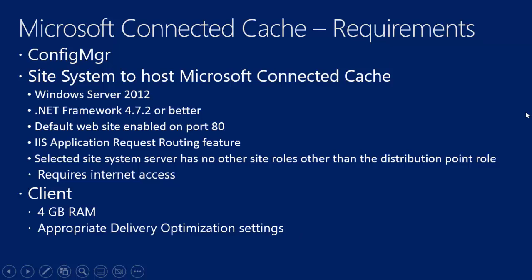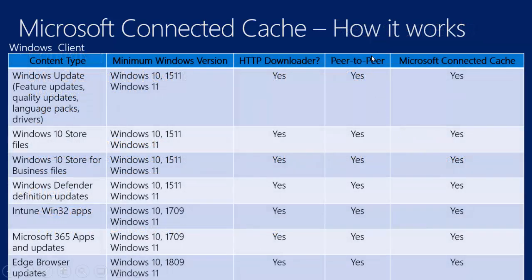Just calling that out. And in terms of content type, as a reminder, this comes from our session number 4, talking about delivery optimization. These are the different content types that are supported for delivery optimization. I'm not going to read these. But what I will point out is when we think about delivery optimization, there are 3 areas that we care about.